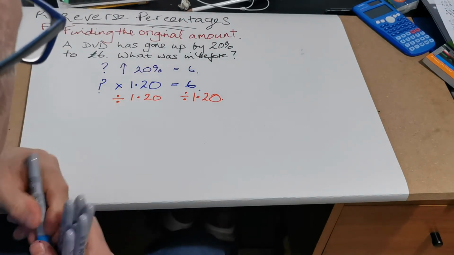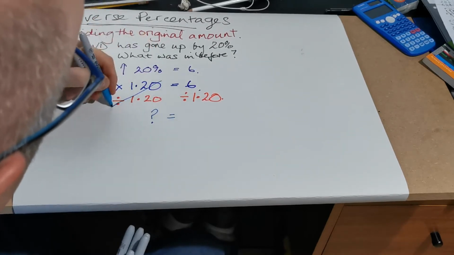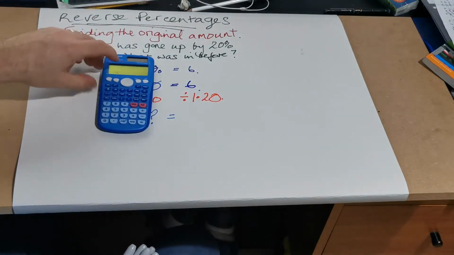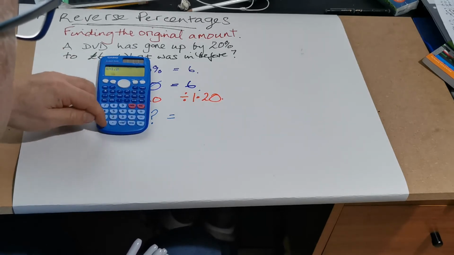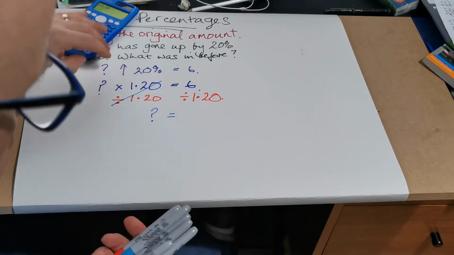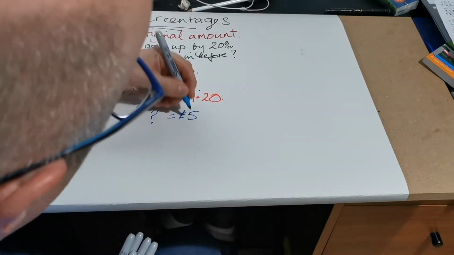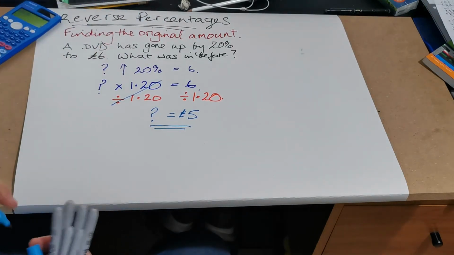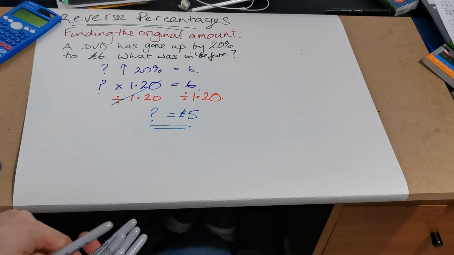So what I end up with, they undo each other because they're inverse operations, they do the opposite of each other. And then I've got to do 6 divided by 1.20, and that equals 5. So my answer is £5. The DVD originally cost £5 before it was put up by 20%.